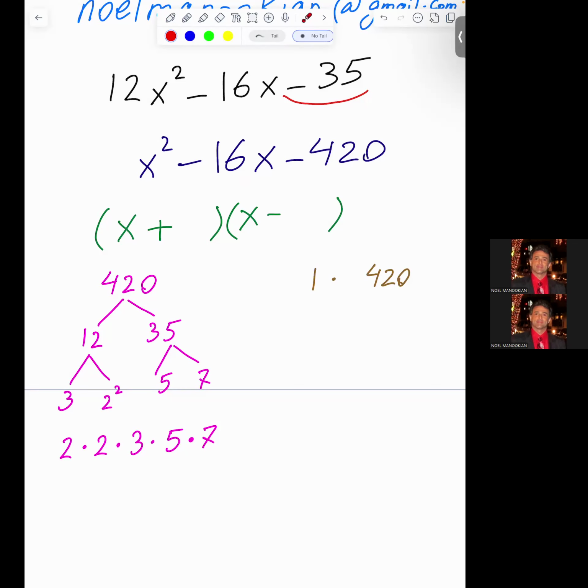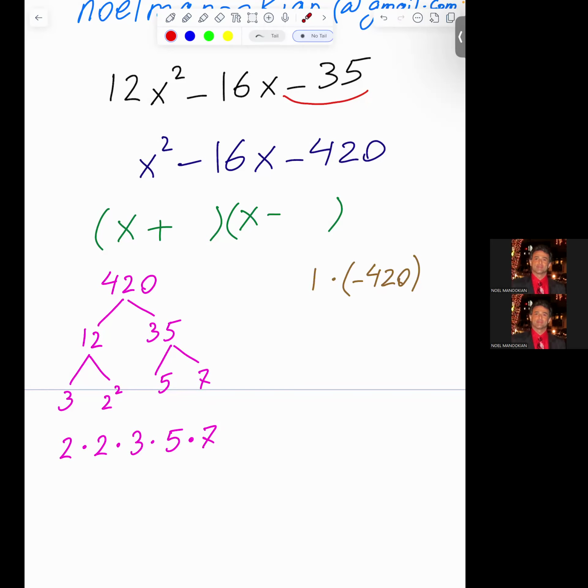So obviously the absolute value of the negative number must be bigger than the positive number. It means one of the possibilities will be 1 times negative 420. The product is negative 420, but when you add them, obviously you're not going to get negative 16.